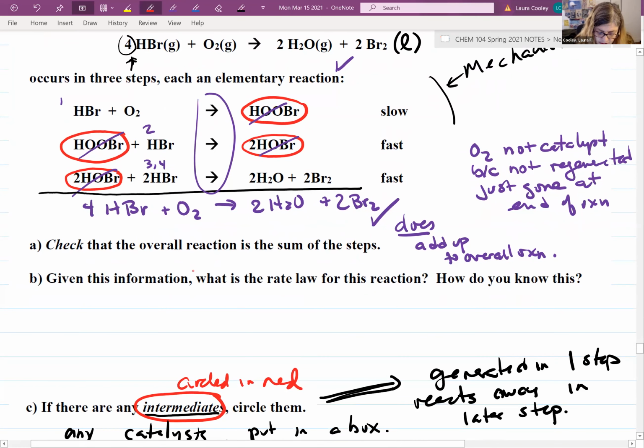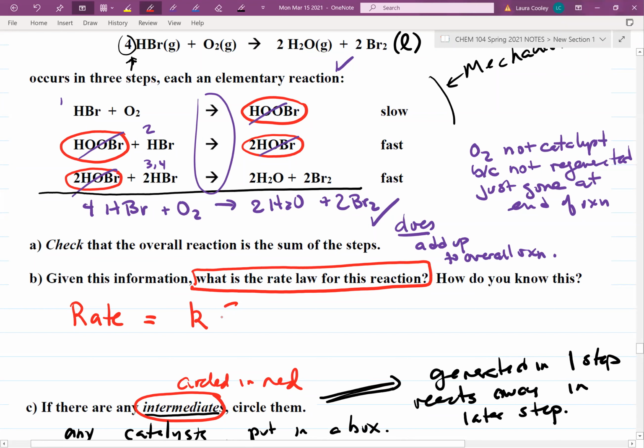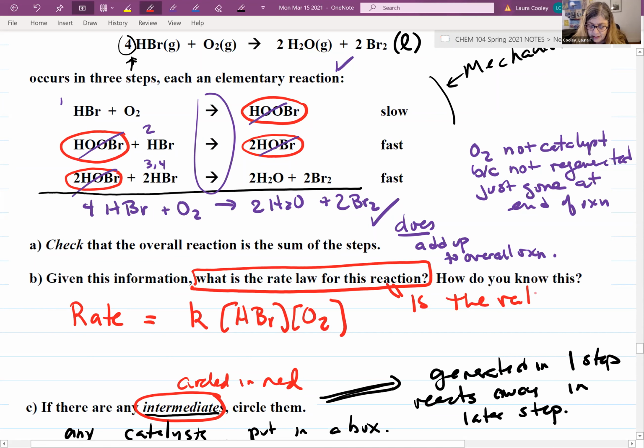Okay, now here's the more interesting question. Given this information, what is the rate law for this reaction? Is it k, HBr, and O2? Yes, the rate law for the reaction, thank you, is the rate of the slow step.